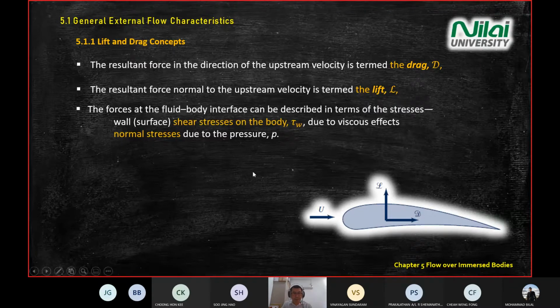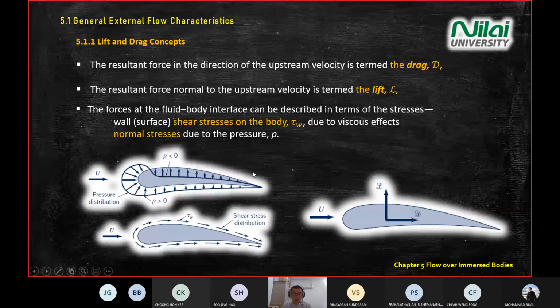This is on the stress. There are a few more forces that we will consider. One of them is pressure on the body itself. Two forces that link to the body: one is pressure, one is shear stress.